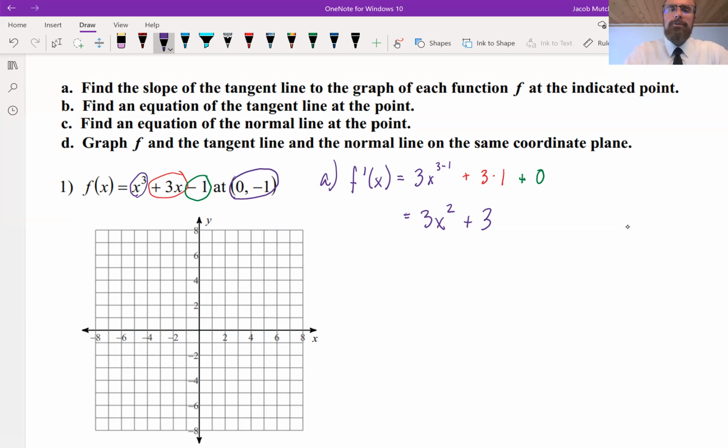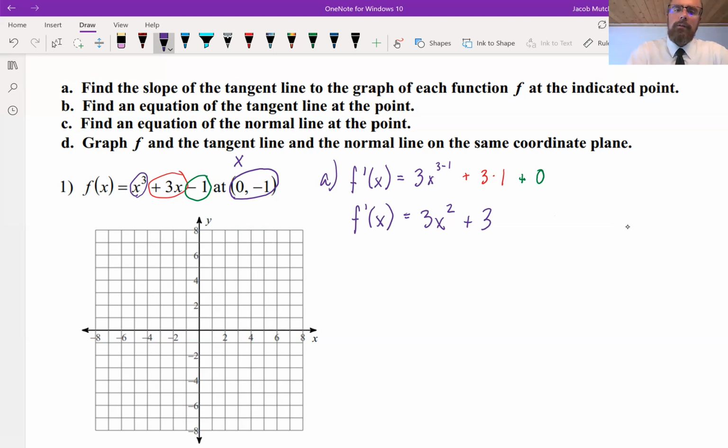Now I am interested in the slope of the tangent line to the graph at this point, 0, -1. So the x value there is 0, and that's what I want to evaluate this derivative at. Let me write it as a separate line so that I don't get confused. So I'll even switch colors here.